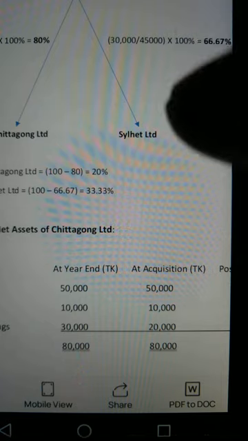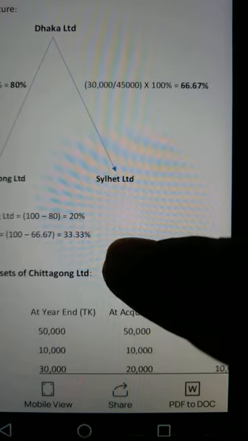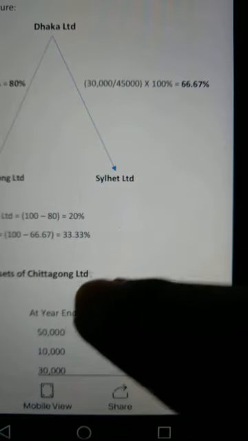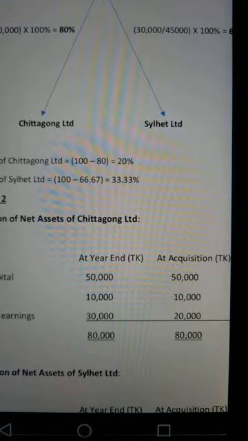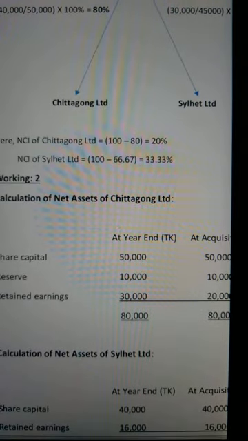Secondly, we have Silat Limited, for which we calculated the group structure at the very beginning: 66.67%. So we can calculate the NCI, the non-controlling interest of Silat Limited, which is 100 minus 66.67.